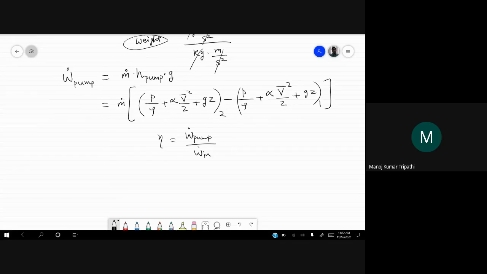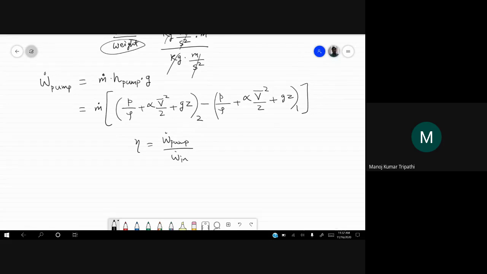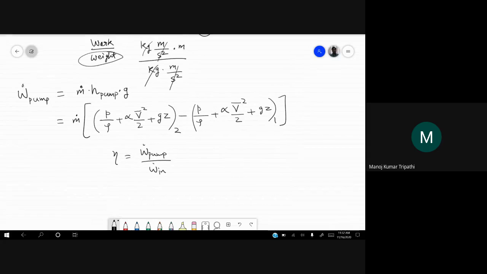Is there any question? Okay, all right. So this is the work done by the pump given to the fluid, and W dot in is the work done on the pump or the energy given to the pump.